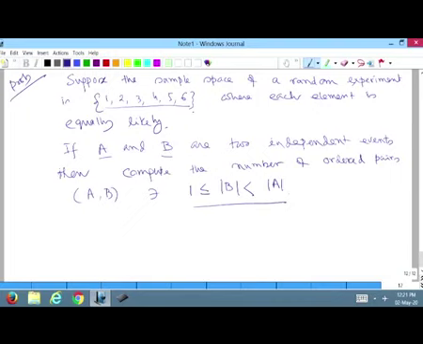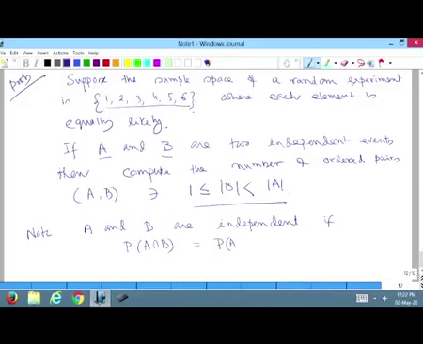How to solve it? Note A and B are independent if P(A ∩ B) is equal to P(A) into P(B).